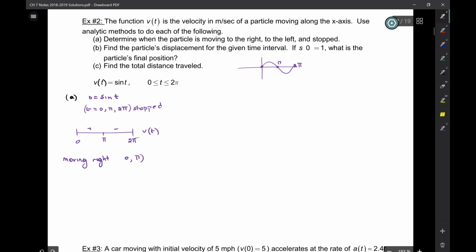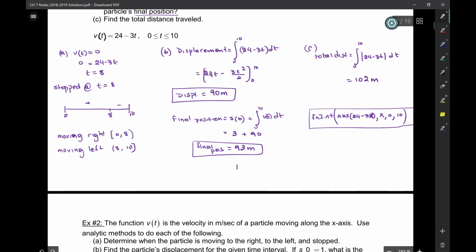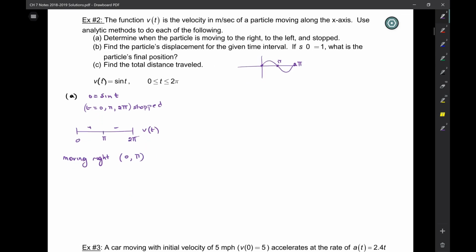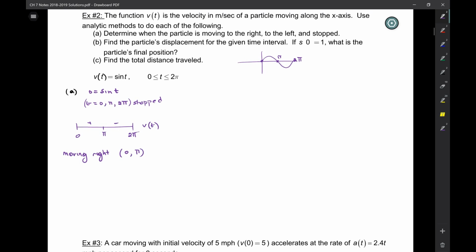It's open, but why? Because it's stopped. In the case before, it was only stopped at one point. But now it's also stopped at 0, so it's not moving anywhere. And then it's moving to the left from pi to 2 pi.